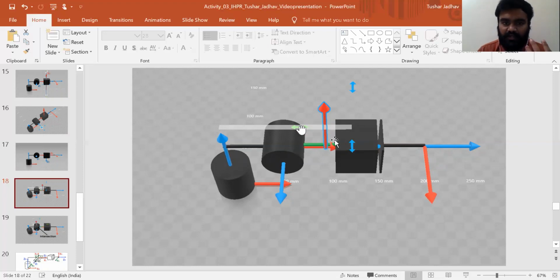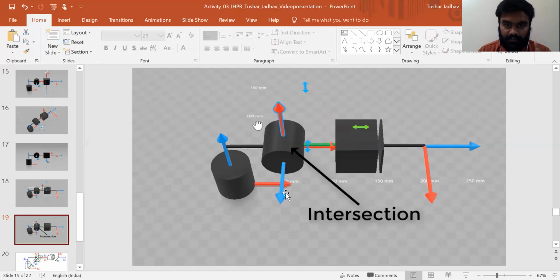In real life it might look difficult, but for mathematical calculation, the actual physical frame is attached to this part, while this frame is translated to the first frame just to intersect x2 with z1. This is very important in this entire presentation: we translate that part, and we get an intersection over there.